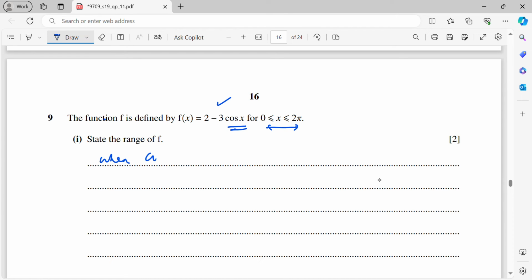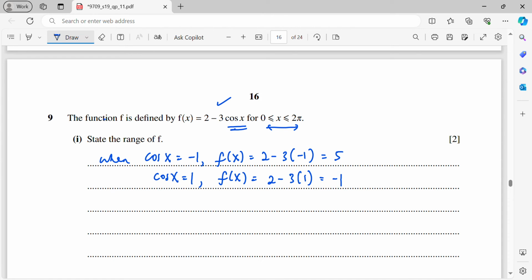So when cos x equals minus 1, my f(x) is 2 minus 3 cos x, so the cos x is replaced by minus 1, ending up as 5. When cos x equals 1, my f(x) is 2 minus 3 times 1. That is going to be minus 1.